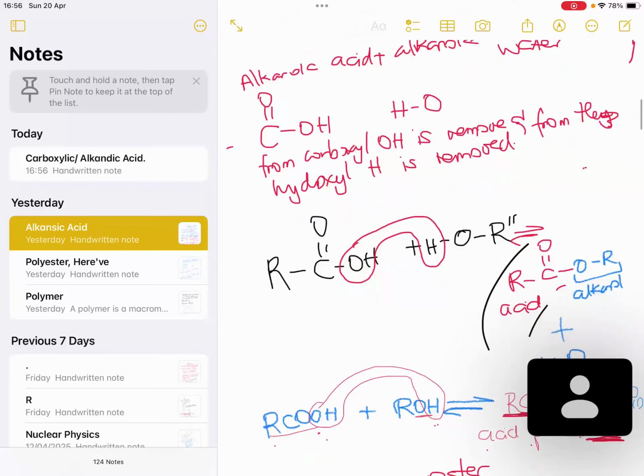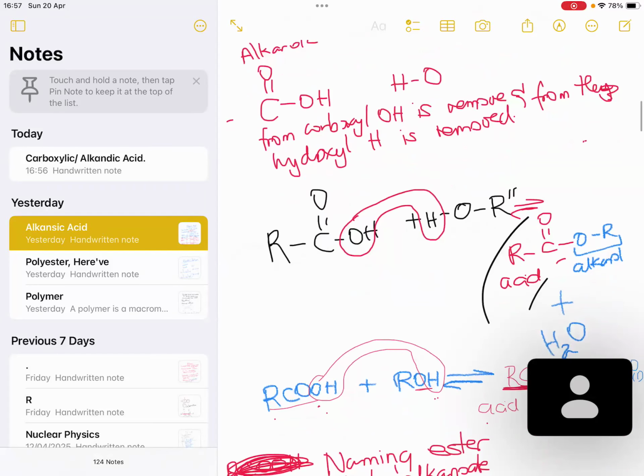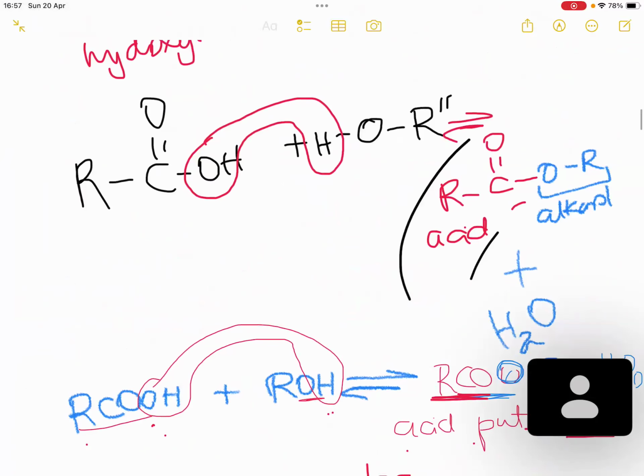Start off with an acid. This is any acid, any alcohol. We put the OH part of the alcohol first, and we are going to remove the water. When we remove the water, the ester will have the RCOO, so the RCOO is going to come from our acid, right? And the R is coming from our alkanol.